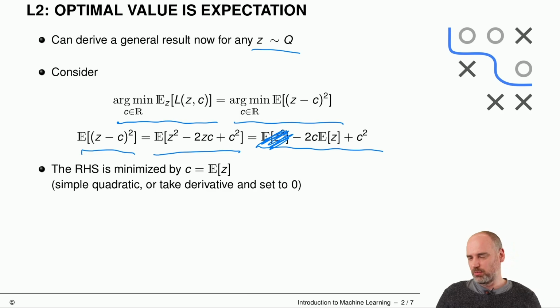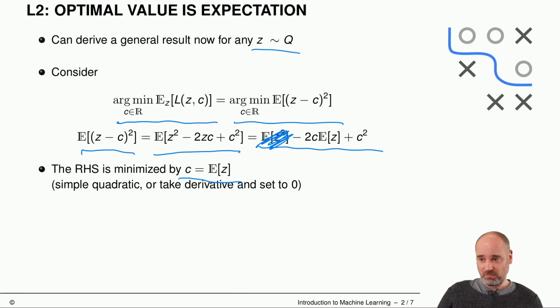If you really want to compute this yourselves, take the derivative with respect to c, set it to 0 and solve, or use the formula for the minimizing location of a simple univariate quadratic function, because that is what we have here. It should be very easy for you to derive that the optimal c value is the expectation of z.